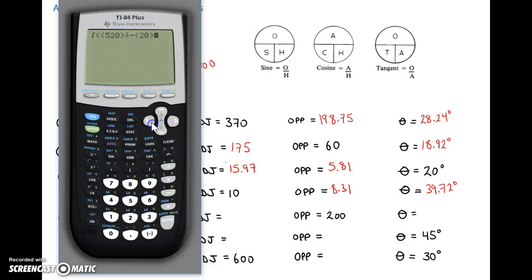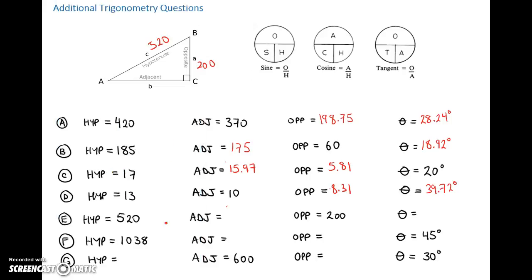Oops, let's go back and put in that 0. Close brackets. Okay. That gives us 480. Dead on. Beauty. So we got 480 here.